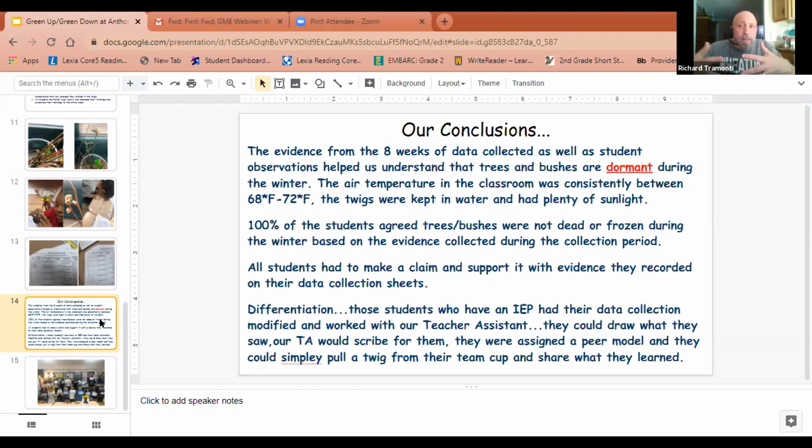After all of this, 100% of the students agreed that trees and bushes were not dead or frozen during the winter, based on the evidence they collected during the collection period. All the students had to make a claim and support it with evidence that they recorded on the data collection sheets, which are the group sheets.